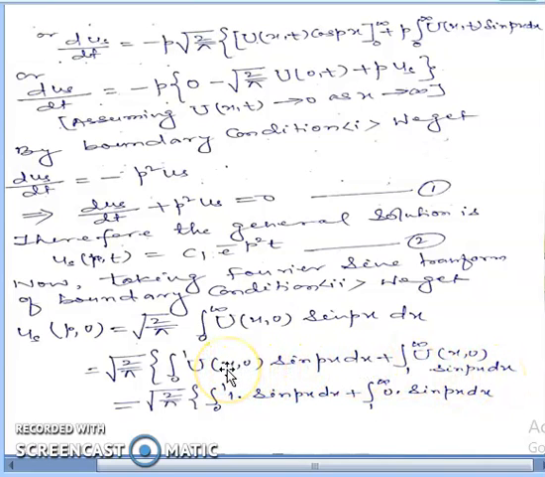As given in the boundary condition, u(x,0) is 1 when the limit is 0 to 1.